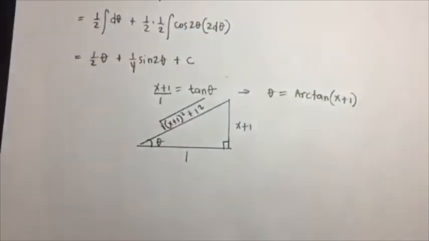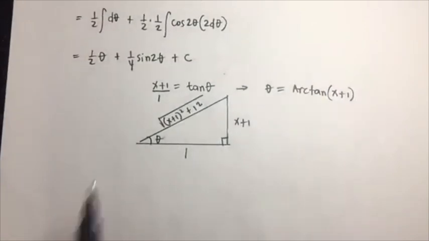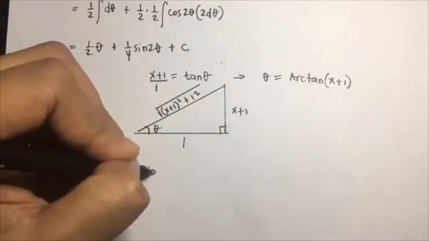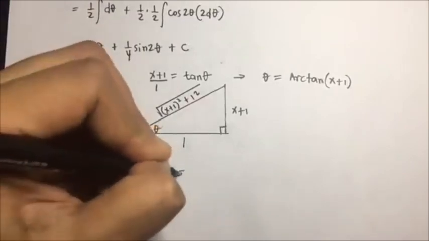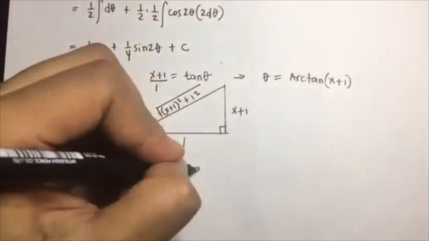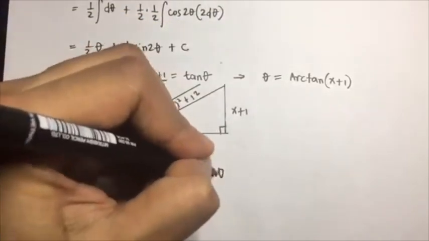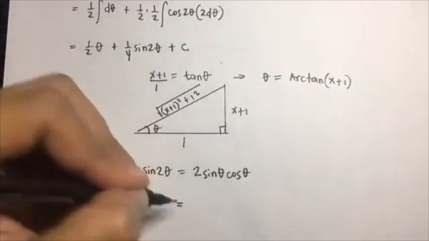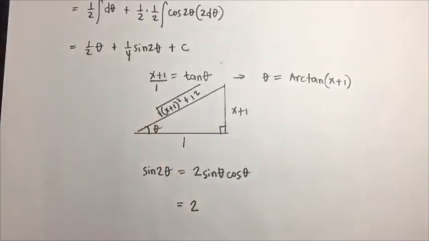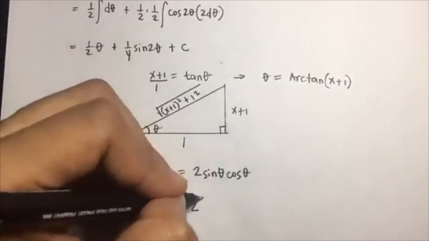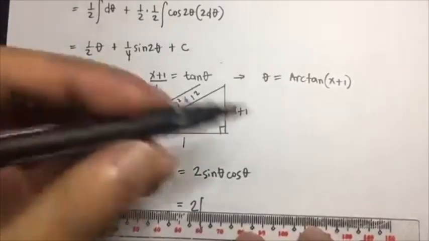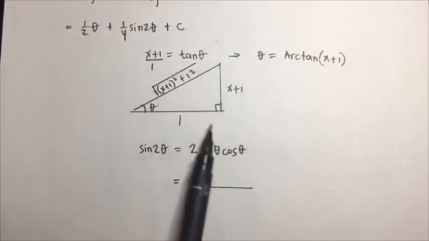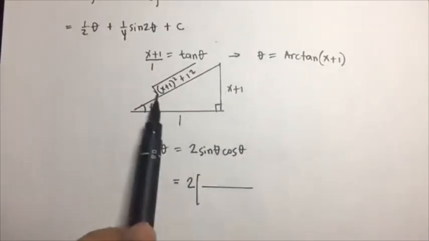And then for sine 2 theta, from the double angle identity, it is equal to 2 times sine theta times cosine theta. From the triangle, sine theta is opposite over hypotenuse.